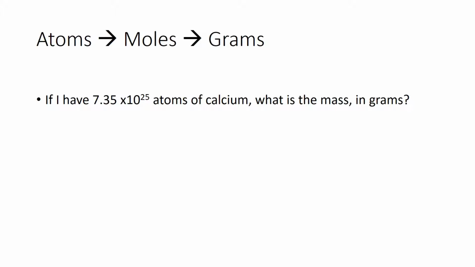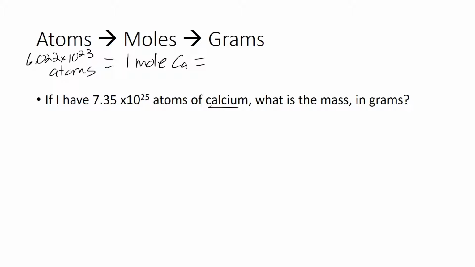So now we're going from atoms to moles to grams. So Avogadro's number: 1 mole is this many atoms. In this case, we're dealing with calcium. For every 1 mole of calcium, it's this many atoms.